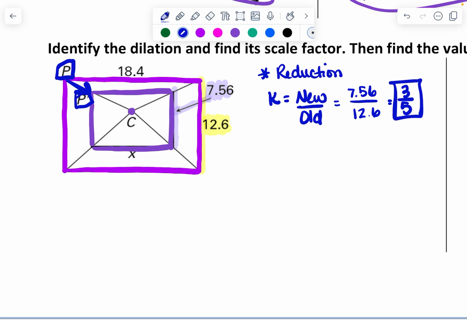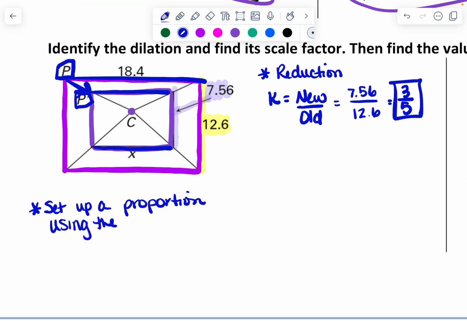So now that we know the scale factor, we can use that scale factor to figure out the missing lengths. In this case, we know the original length here is 18.4. We don't know this length here, but I do know it's going to be the same as here. And so what we're going to do is set up a proportion using the scale factor.